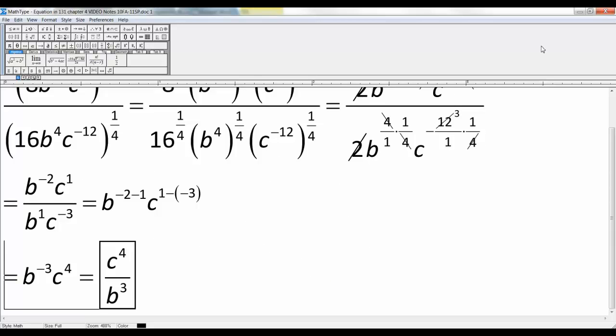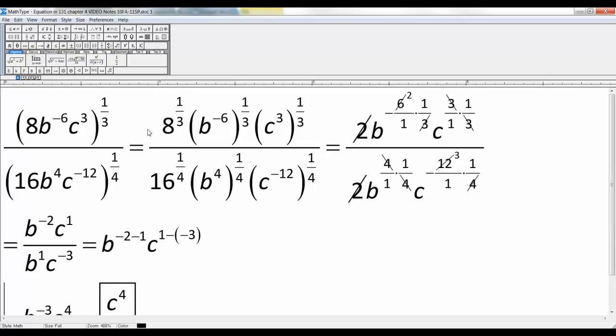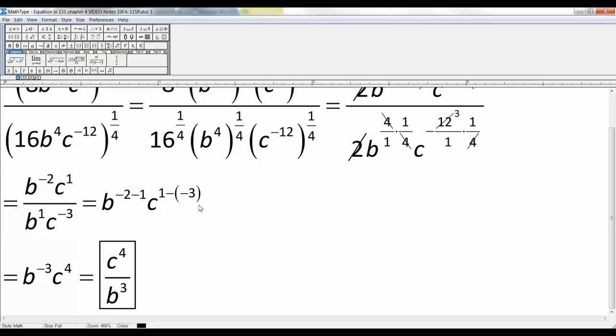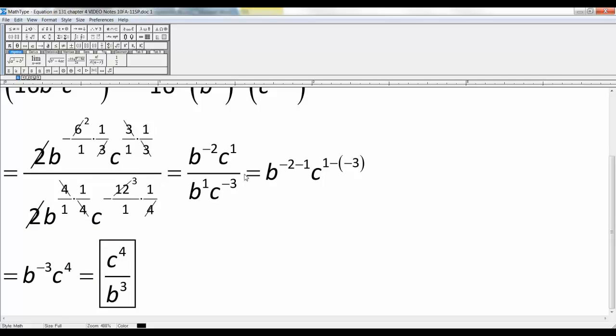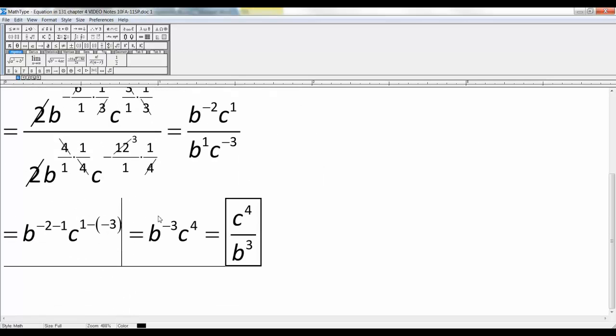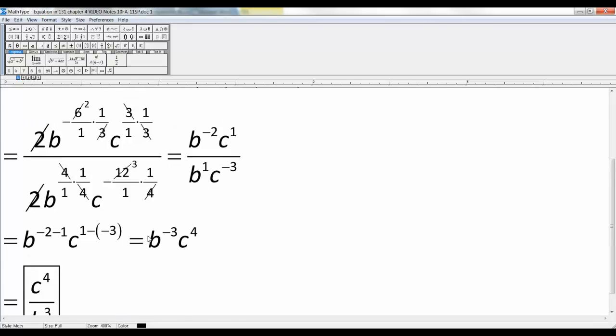All right, so it looks complicated, but let's see. We distributed the thirds and the fourths and all of that. Then we kind of simplified it down. That got us here. Now they're all simplified. Then we just used the subtraction property. And then we realized, oops, that got us here, and then we're not allowed, you know what, here, I like this better. So then we simplified, that's the simplification part. Then we used the subtraction property, that got us here, and then we had to finish it out.